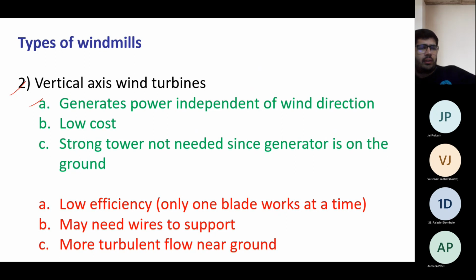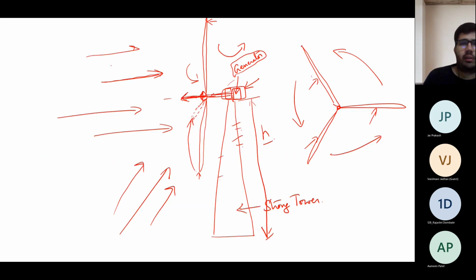The second advantage is low cost. The cost of the vertical turbine is low. The third is that a stronger tower is not needed because the generator is on the ground. In the horizontal axis turbine, the generator was at the top, so the tower had to be strong enough to handle the weight of the generator, the blades and all the mechanical equipment.